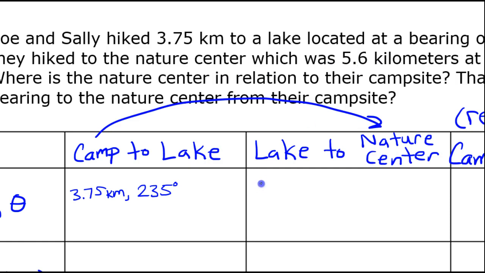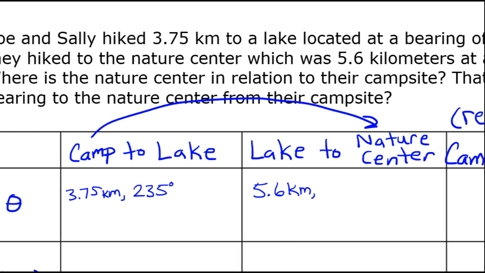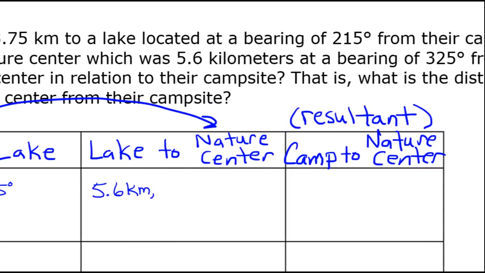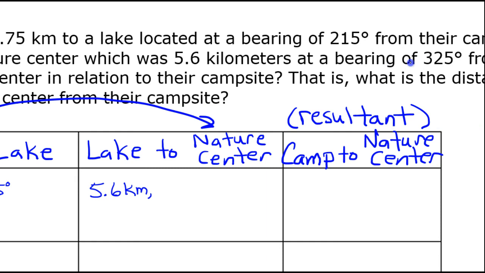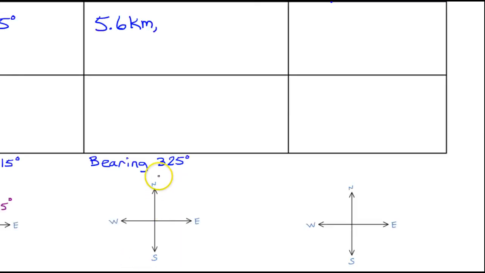So the magnitude of this trip is 5.6 kilometers. Now I need the direction. So I'm looking for what they have to say about the bearing. The bearing is 325 degrees. Again, bearing is measured clockwise starting at north.